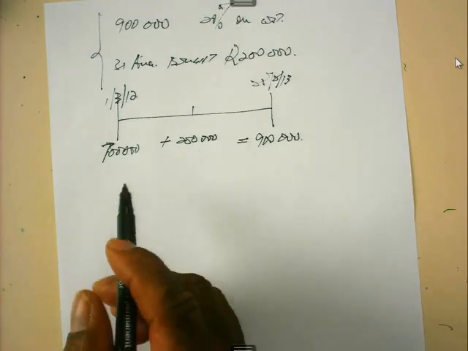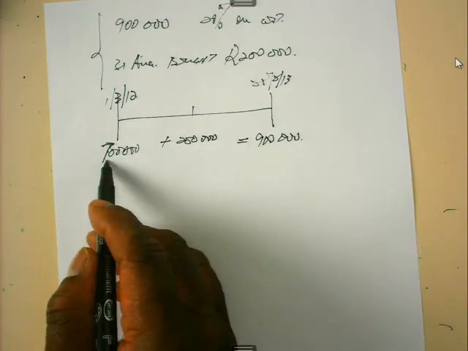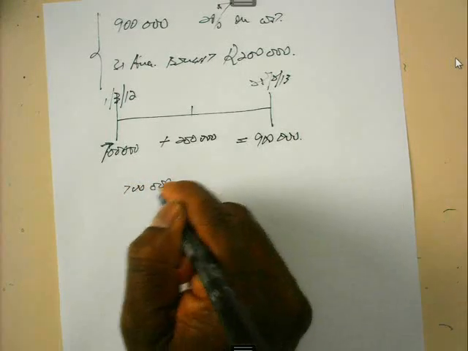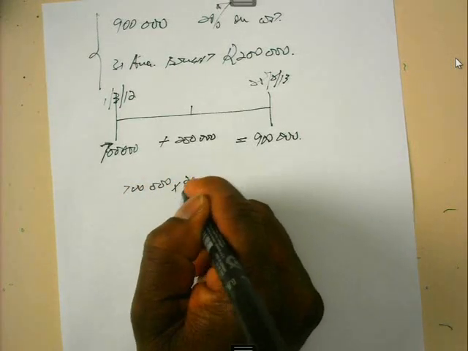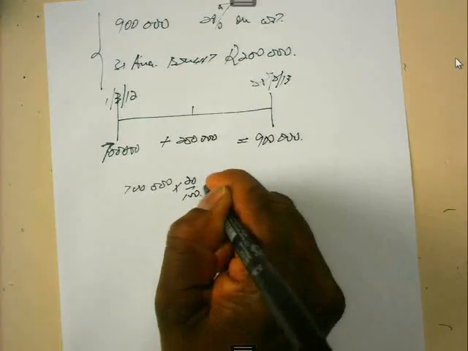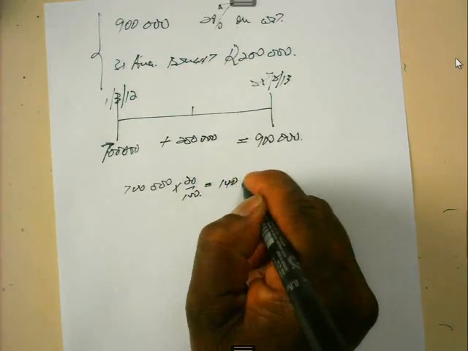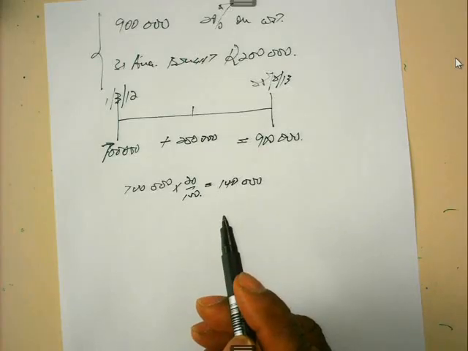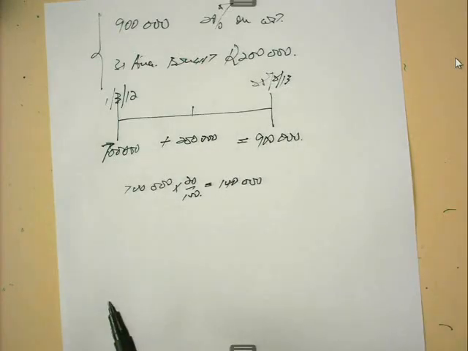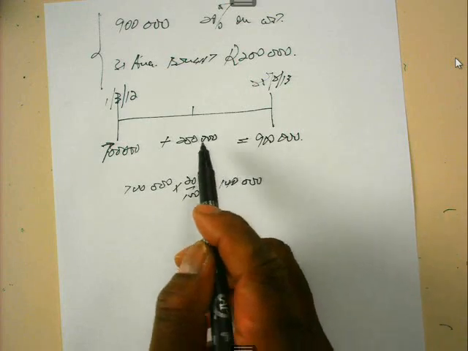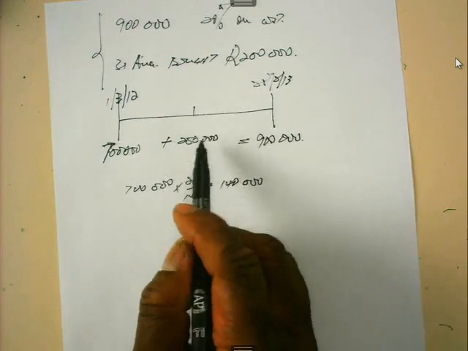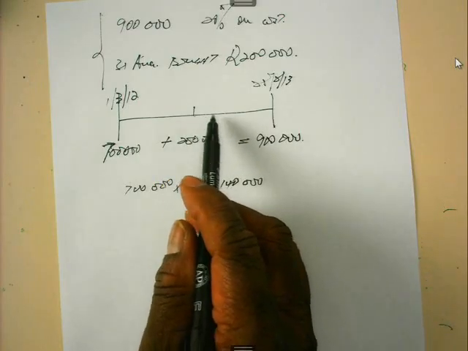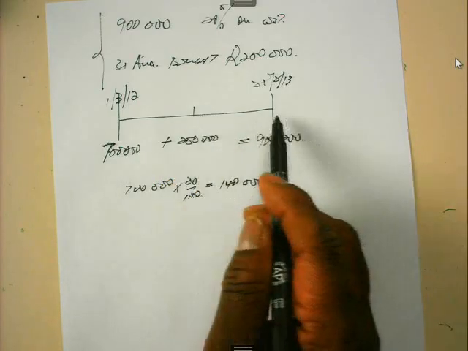Now, you can either do this to say your 700,000, work 20% on the 700,000 for the whole year. That will give you 140,000. That is for the whole year. And say the 200 was only for the period from 31st August to February.